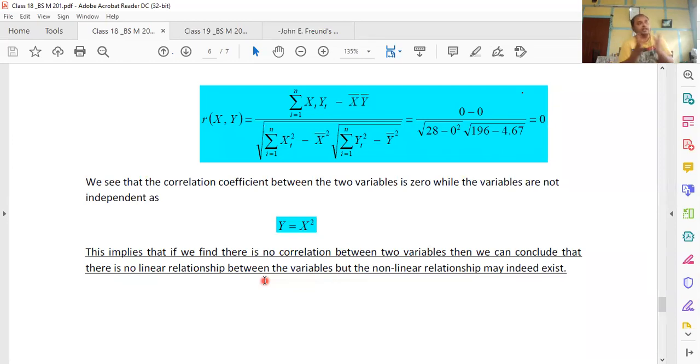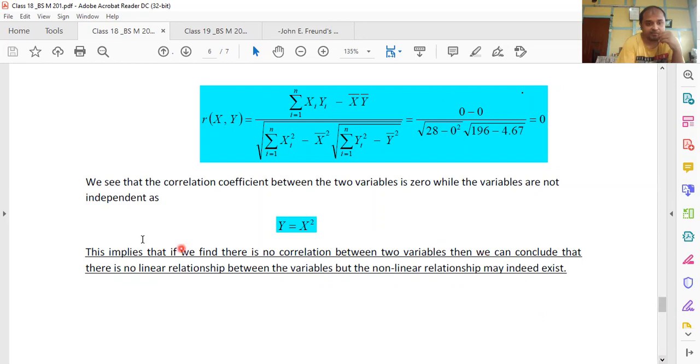I mean, the variables cannot be connected by an equation of the form y equal to ax plus b. But the variables may be connected to one another by a non-linear relationship. That happens when the correlation coefficient between the two variables is 0. So zero correlation justifies the fact that there will not be any linear relationship, but a non-linear relationship may exist between them.